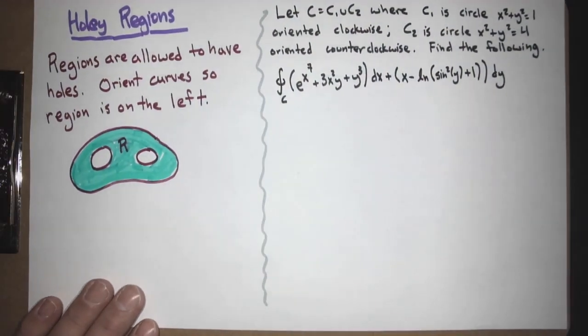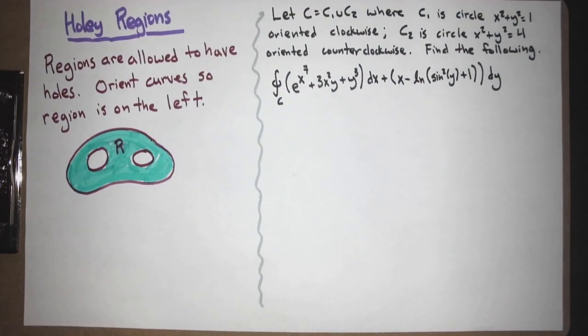What happens if you have a region and there's a hole? Can we apply Green's theorem? Yes. We can apply Green's theorem on regions with holes. There's nothing that says you cannot be unholy. There's nothing that says you have to be unholy. Right? Holes are allowed. What's the orientation?